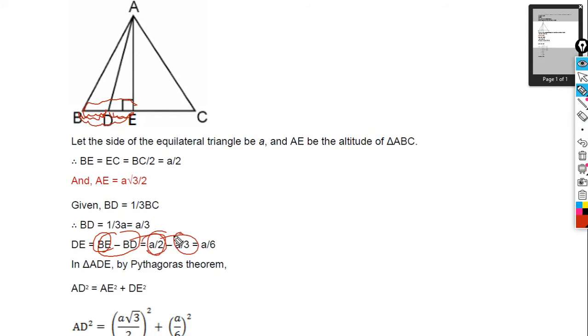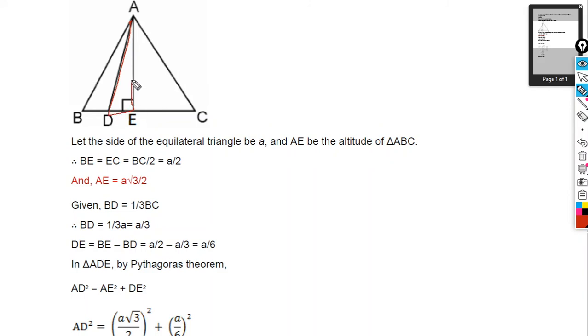So A by 2 minus A by 3 is equal to A by 6, so the value of DE is equal to A by 6. Remember it, DE equal to A by 6. Now we have almost solved the question. Now we will directly move to the Pythagoras theorem of triangle ADE.